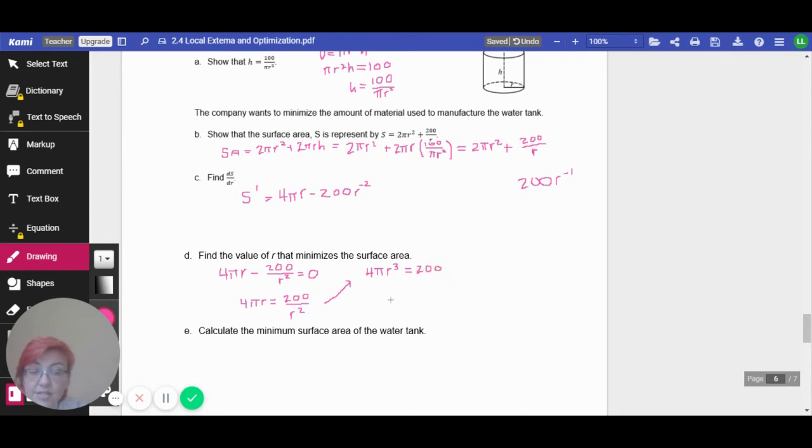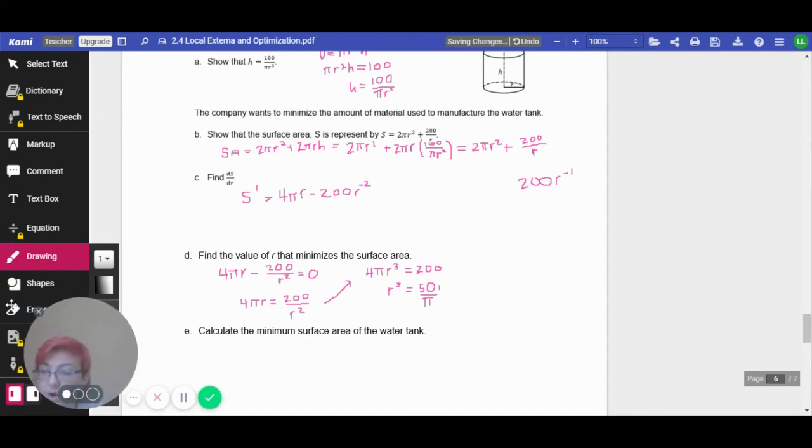I'm now going to divide both sides by 4 pi. So r cubed equals 200 divided by 4 is 50 over pi. I was going to write pi to the -1, but no, just 50 over pi. All right.